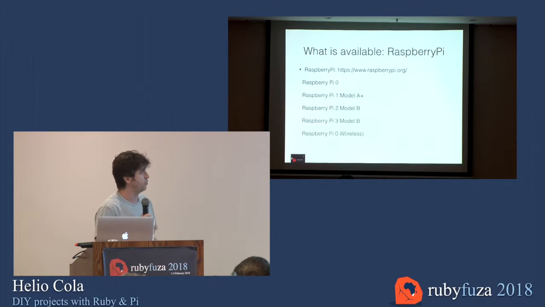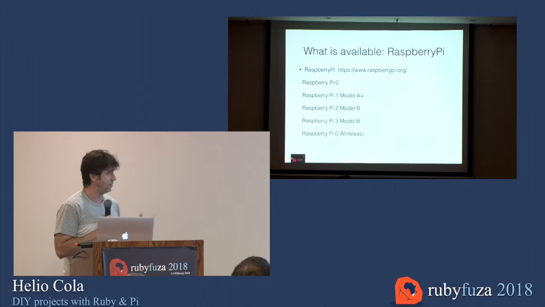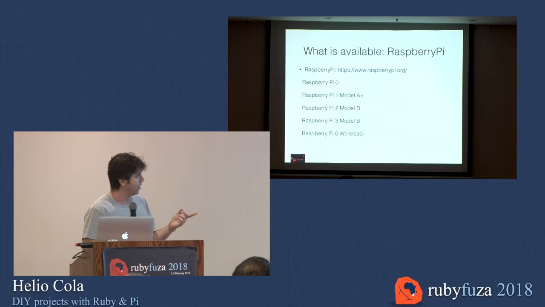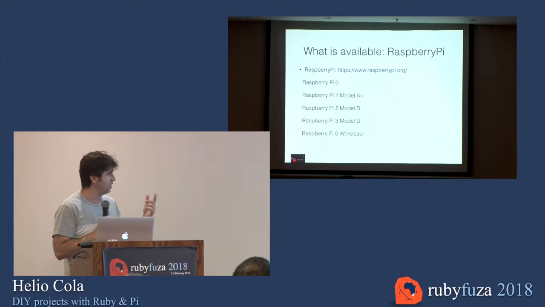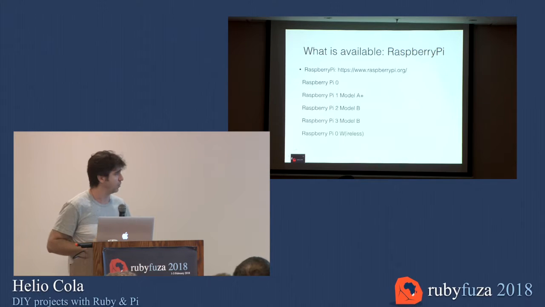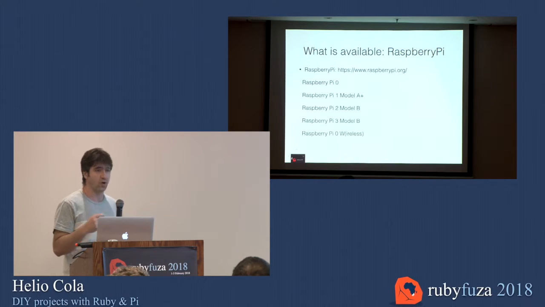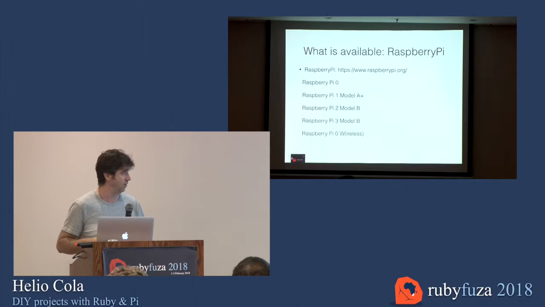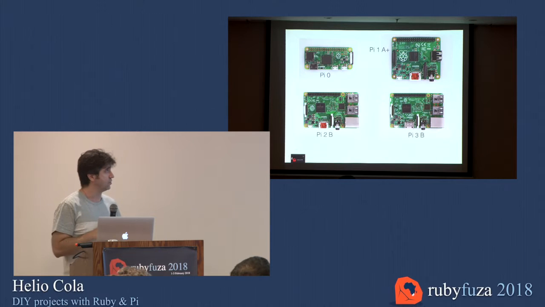As far as Raspberry Pi goes, these are the models that we have: the Pi 0, 1A+, 2 Model B, 3 Model B, and recently they released the Pi 0 wireless, which is the smallest one, but now they have wireless access. These are the pictures, just to give you an idea.